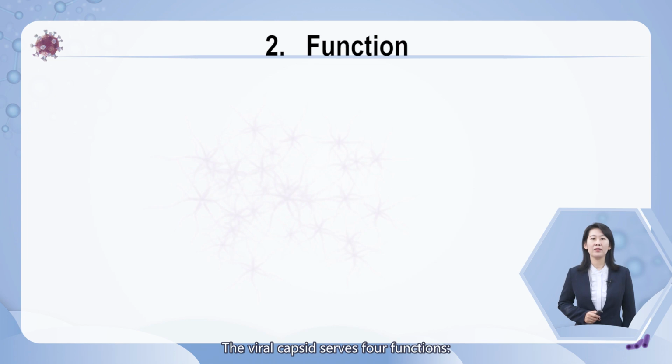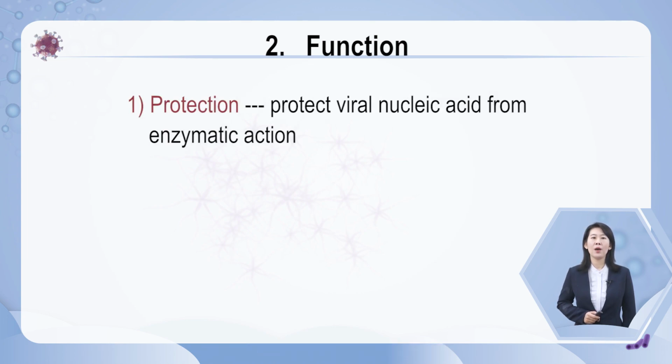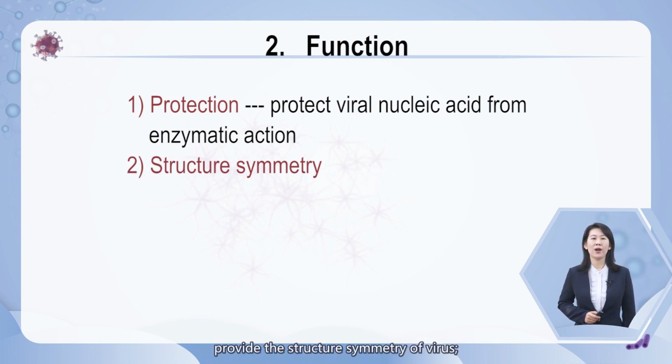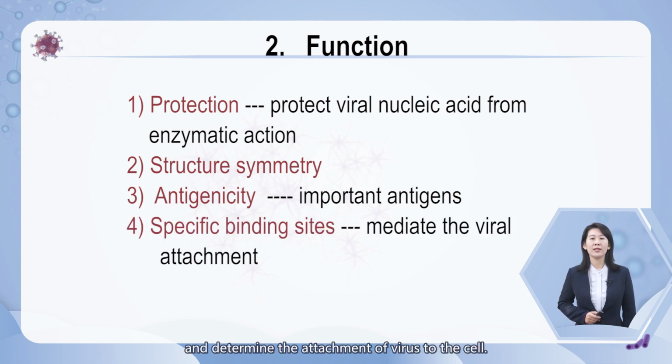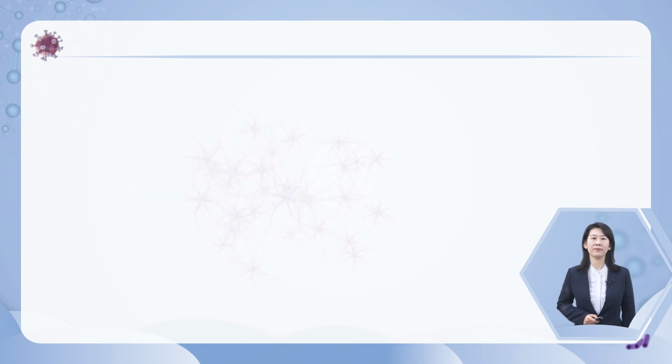The viral capsid serves 4 functions: protect the viral genome, provide the structure symmetry of virus, determine the antigenic characteristics of virus, and determine the attachment of virus to the cell. The capsid protein is necessary for naked viruses to initiate infection.